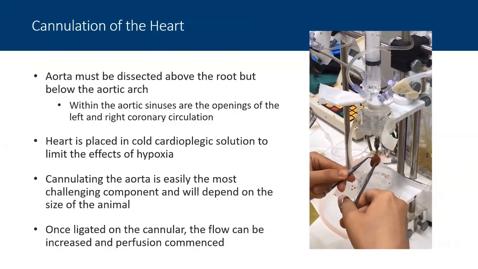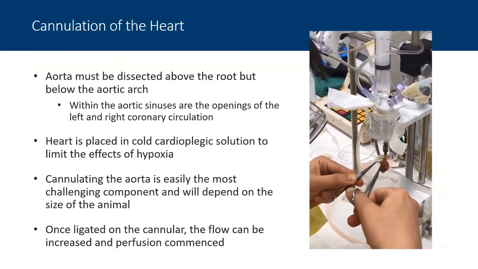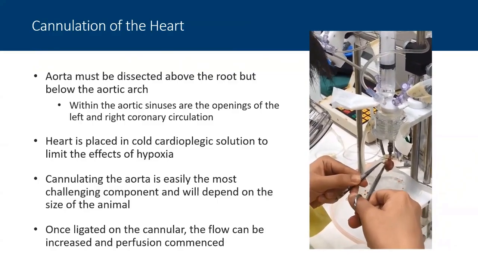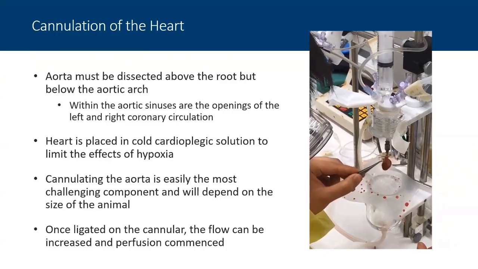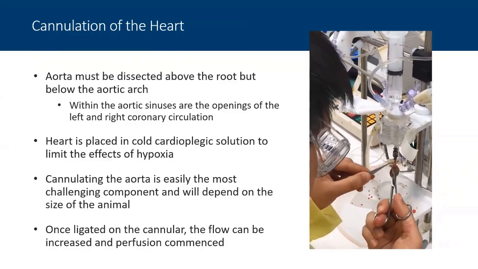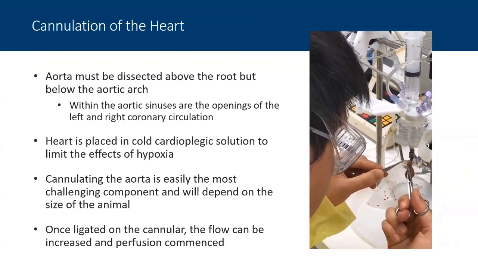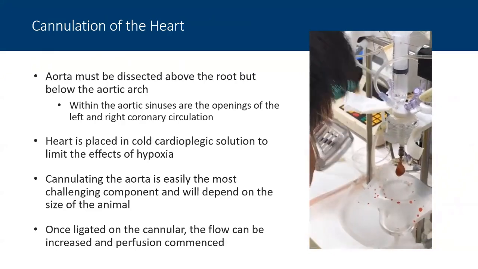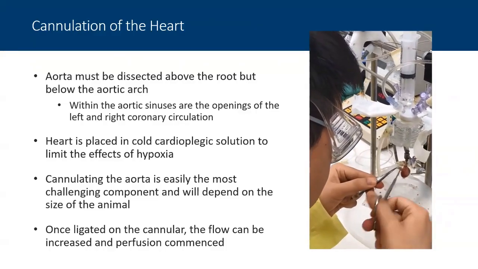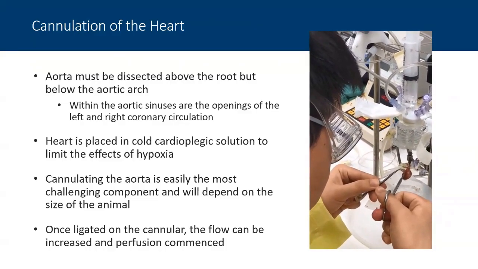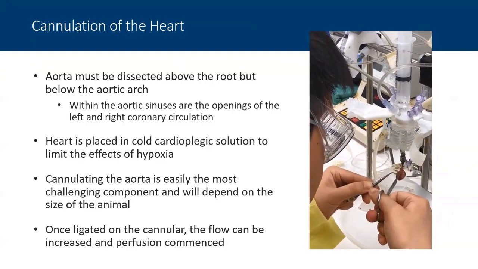You can see here that we're also doing the majority of our trimming once the heart is actually receiving full perfusion, and that's because our main goal is to get the heart out of the animal and get it perfusing. So we'll do all of our small and fine techniques once this has occurred. So you can see here we're just trimming away additional tissue, which would put additional force on the heart.